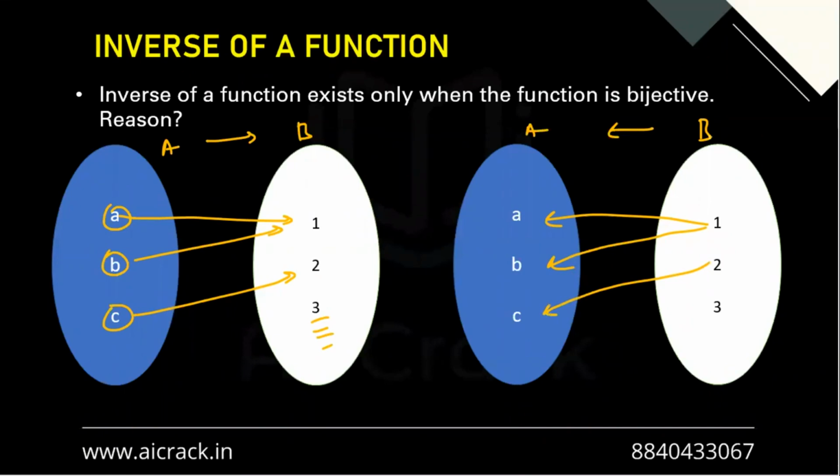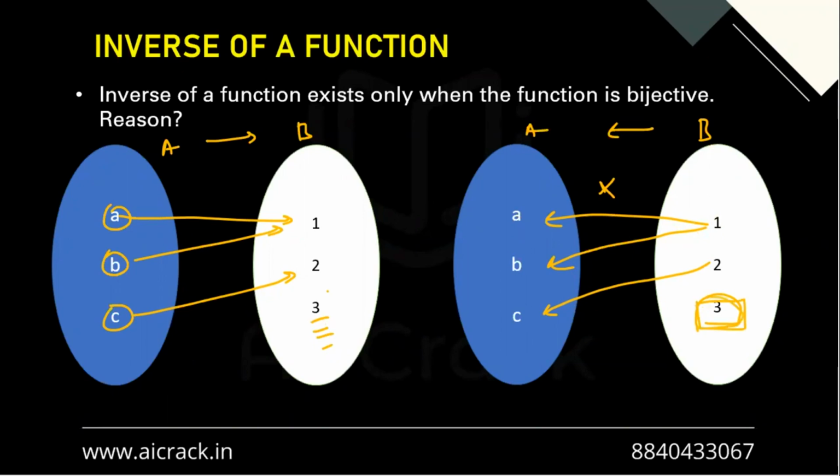Now if we are defining a function from B to A, first of all, we cannot have two images over here, right? We cannot have two images in the codomain for a single element in the domain. So for 1, we cannot have two images. That is why it's not a function. Also, one element is not being mapped.